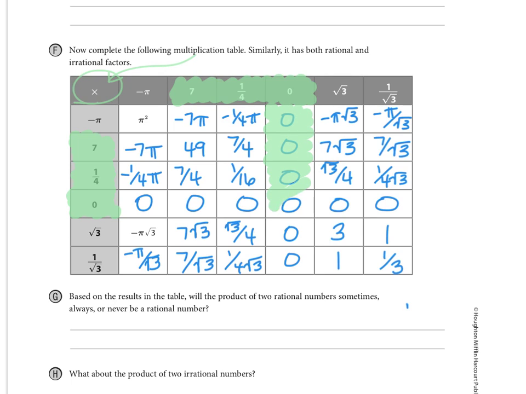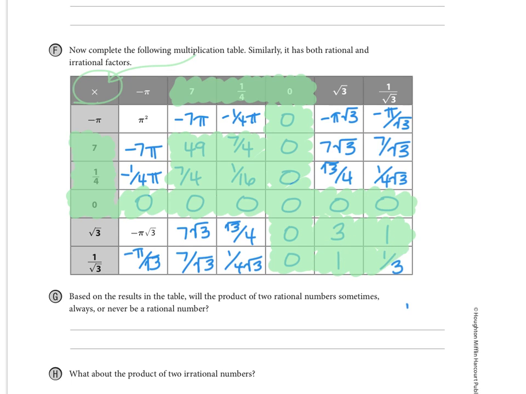So avoid anything with a square root or a pi, and we'll highlight everything else. All right, and now that you have the table highlighted, make sure that I didn't skip anything. Remember, I'm only highlighting the things that do not have pi or square roots left in them.